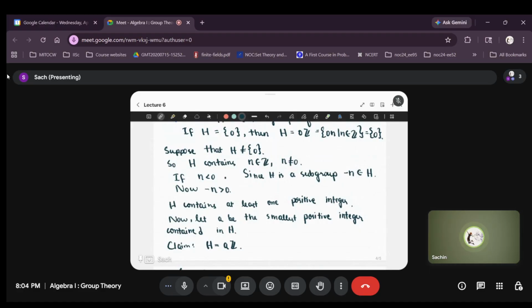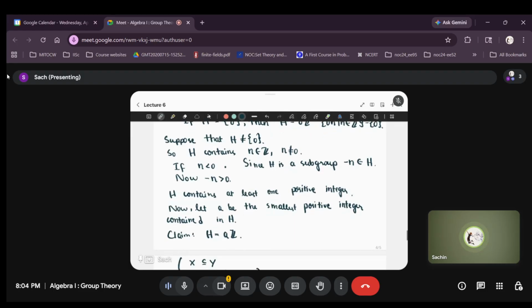We chose that to be A. A is the smallest positive integer in the subgroup H. Then H is equal to AZ. So any subgroup H is generated by its smallest positive integer, is what I was claiming.